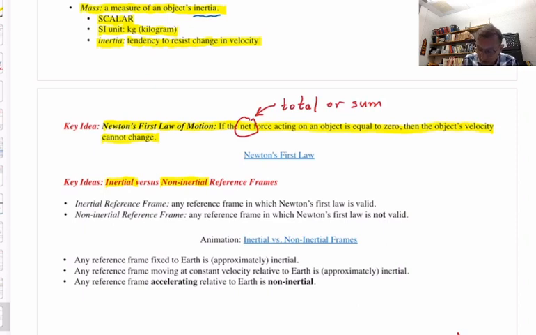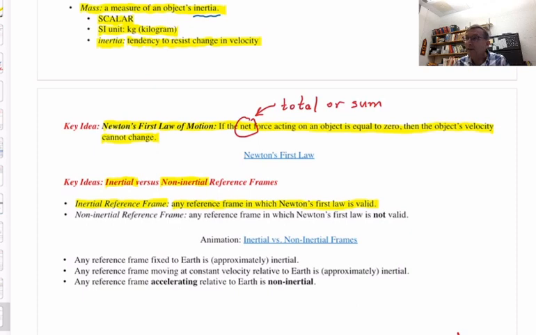First of all, what do we mean by an inertial reference frame? By definition, a reference frame is inertial if it is a reference frame in which Newton's first law is valid, is true, by observation, like the reference frame in deep space I just showed you.